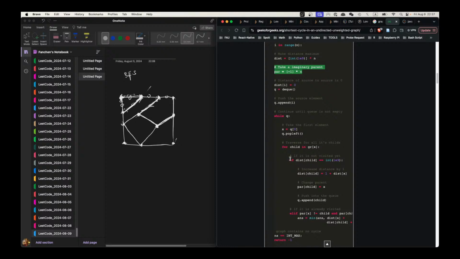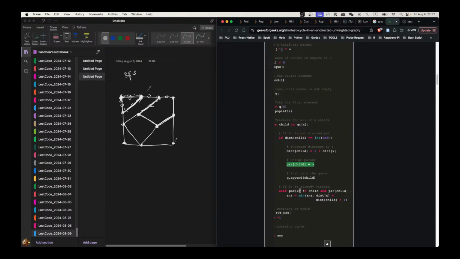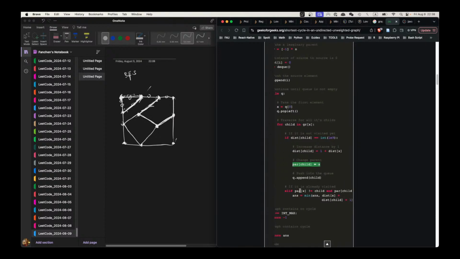And then we go through all its children. If it has not been visited before, we'll visit it by changing its distance, the distance from the current node to it, and we set its parent. Else, if it's already visited, and if x is, what's x?